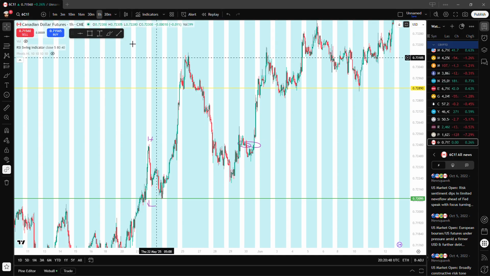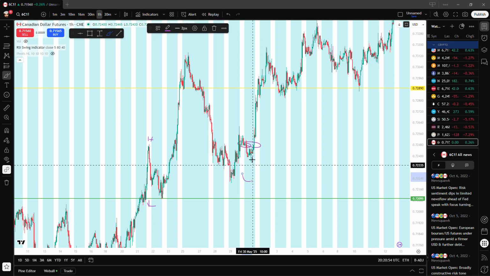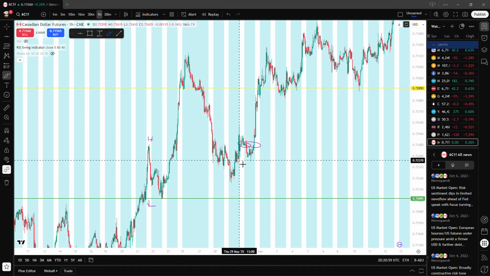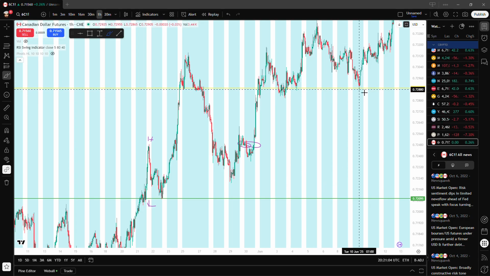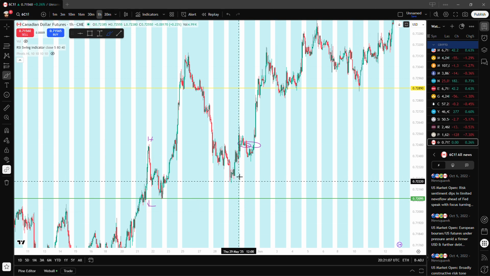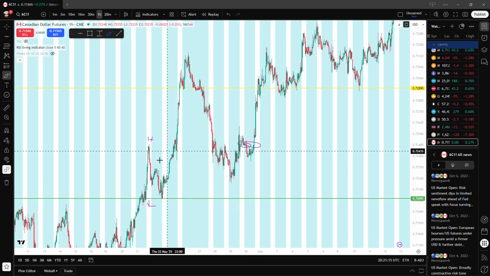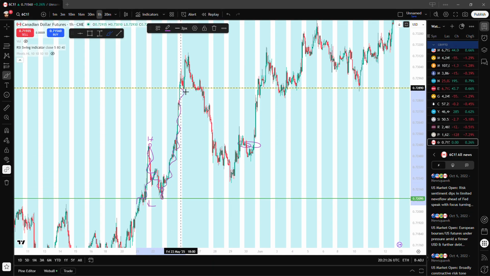But yeah, specifically on this one, this is what I learned. Let's say for instance it did something different. Let's say it came down, made a lower low. So follow along with me. Makes a high. Boom.